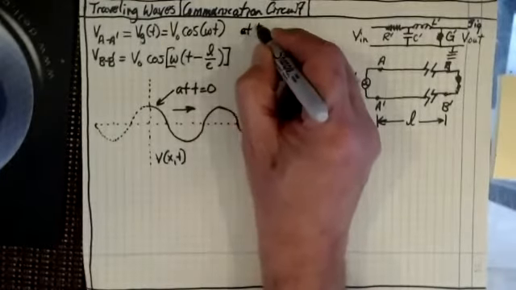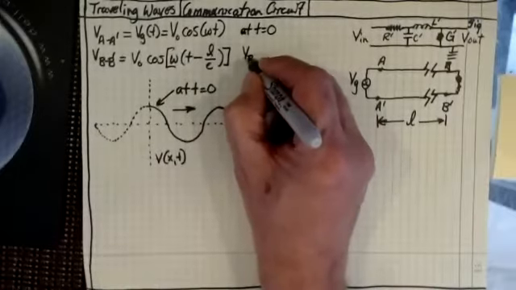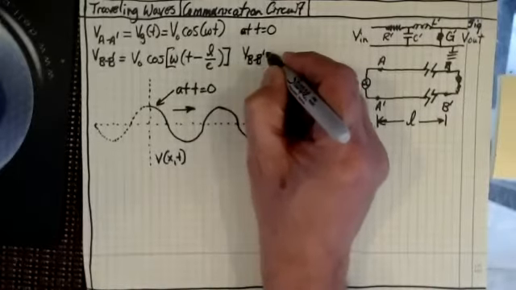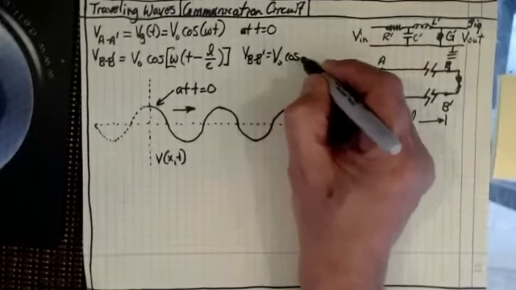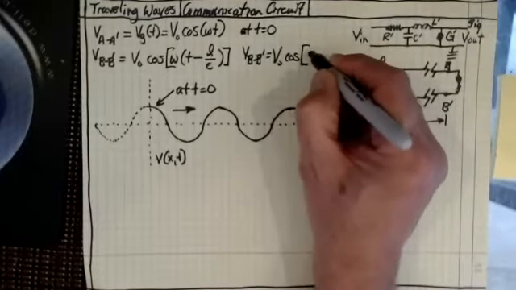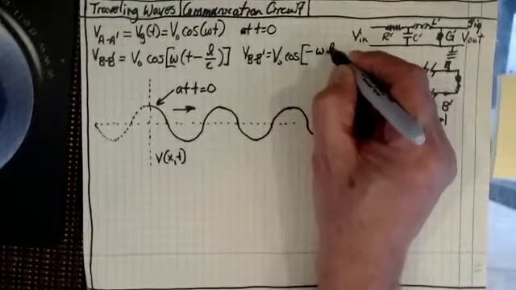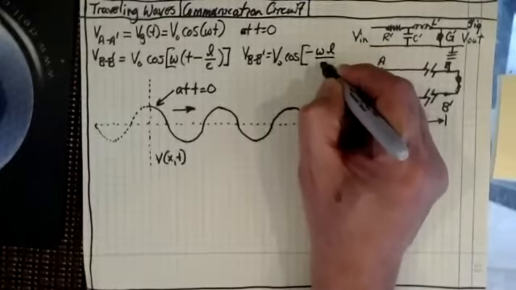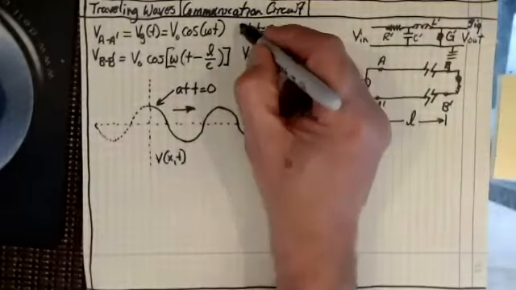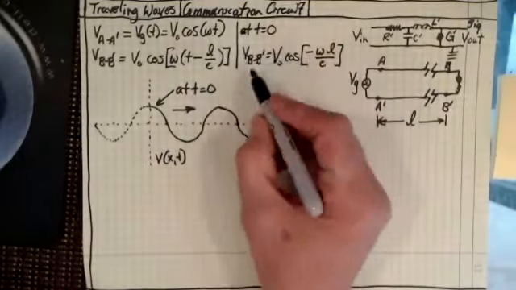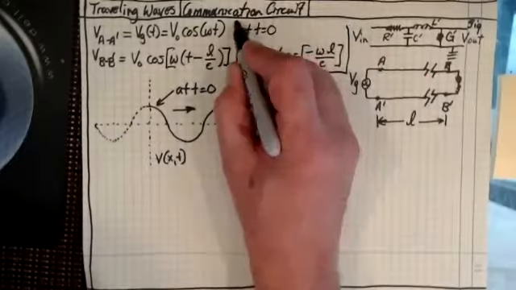At t equals 0, V at B prime is going to be V0 times the cosine of minus omega L over c. Does everyone see that? That's a special condition, and that's the condition that we're going to look at right now.